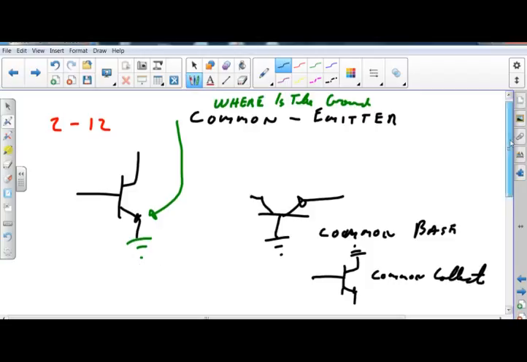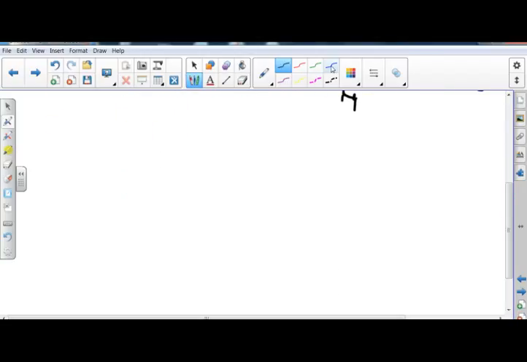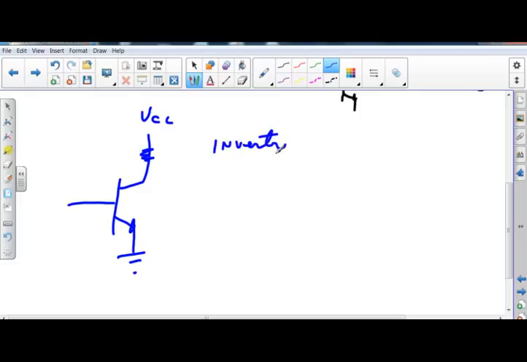Okay, so the question is, in a common emitter circuit, I got this, and I got some voltage VCC on the collector, and I want this to be an inverter. Okay. The input signal is connected to the base.